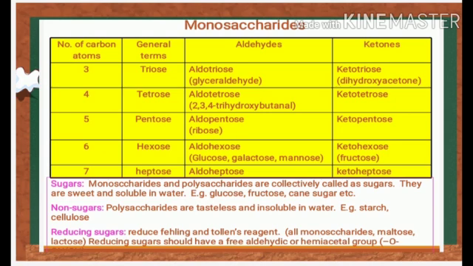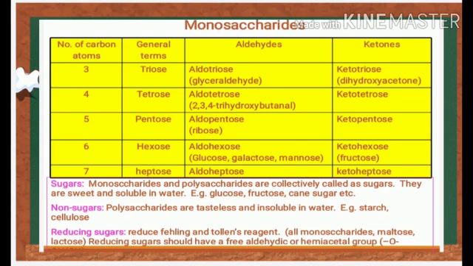Monosaccharides, as I told you, are the simplest carbohydrates which can't be hydrolyzed to smaller molecules. They contain 3 to 7 carbon atoms. There are about 20 monosaccharides which occur in nature.